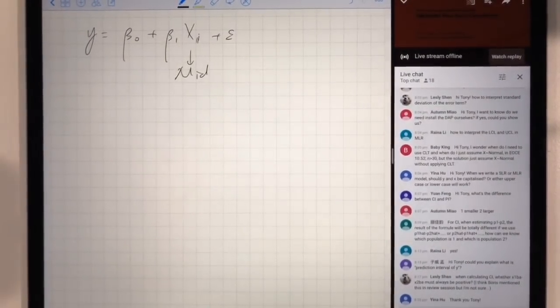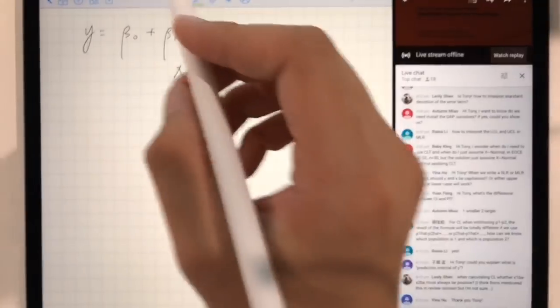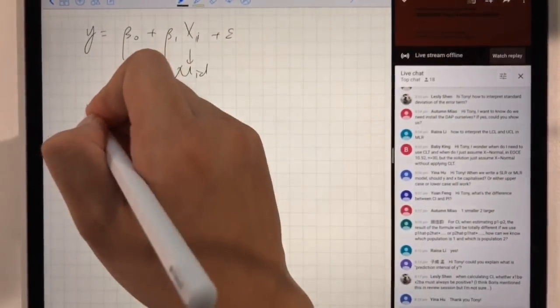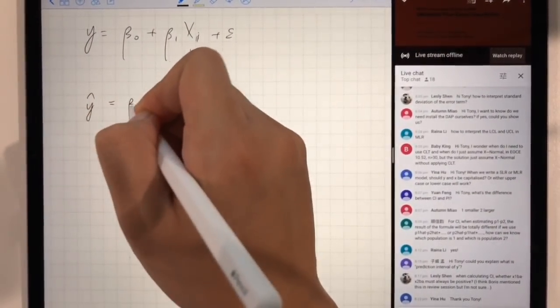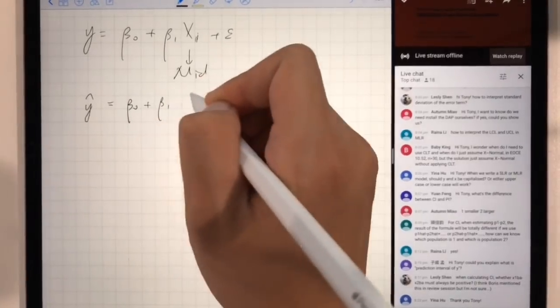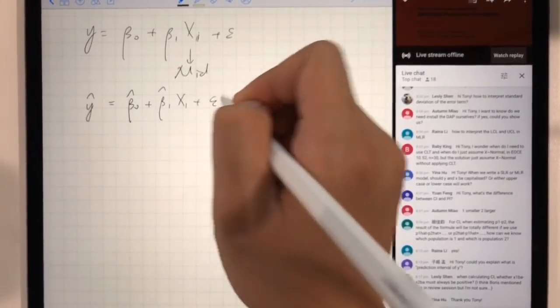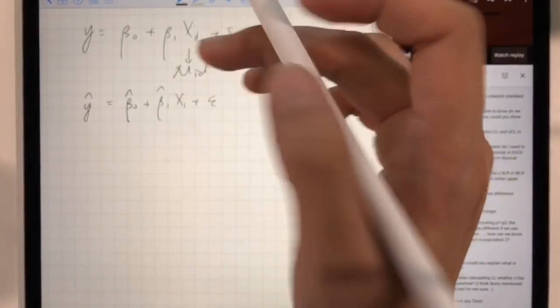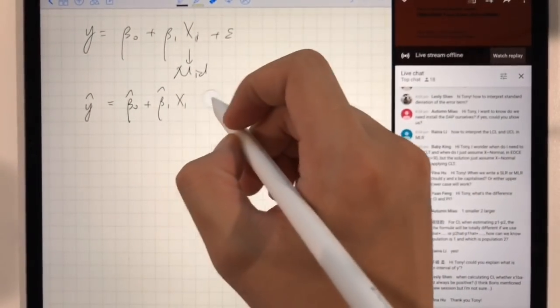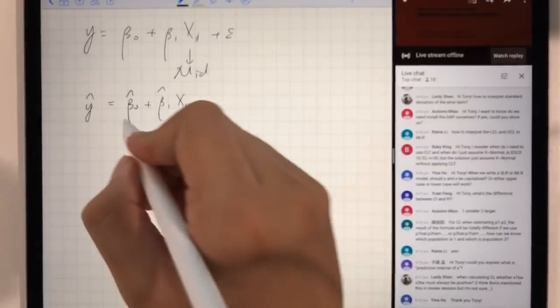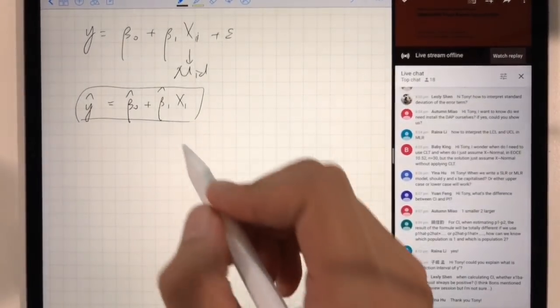Now, after some regression calculation, you've got y hat equals beta 0 hat plus beta 1 hat x1, no epsilon, sorry. So this is your estimated equation.